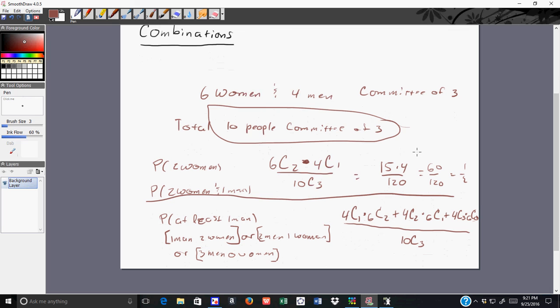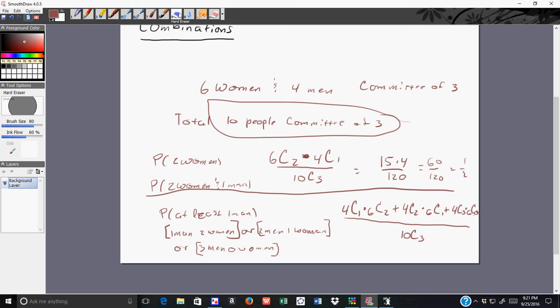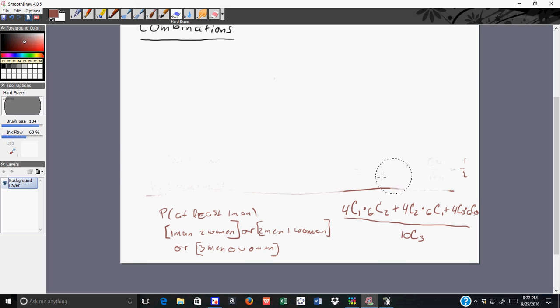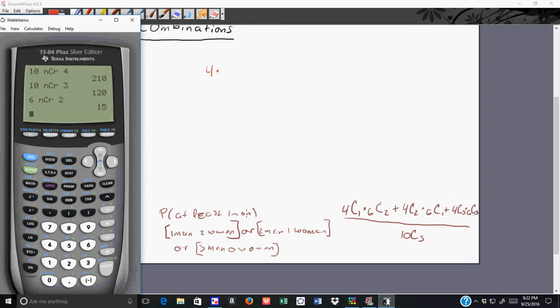And if you do that, you'll probably run out of room. So I'm going to erase all of this, and I'm going to do my work a little bit crazy here. I'm going to pick a nicer shade of red as well. 4 choose 1 is 4 times 6 choose 2. I forgot what 6 choose 2 is.